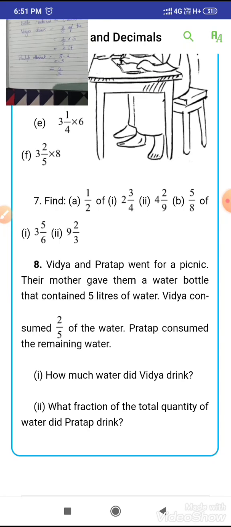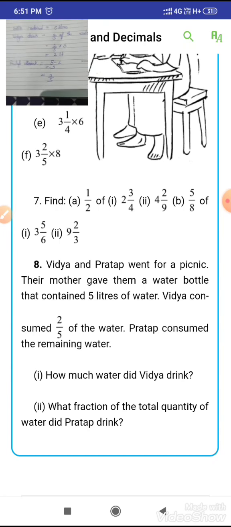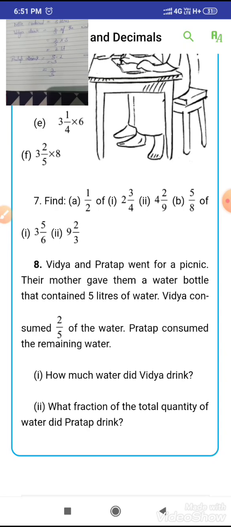For this, first we have to find how much water Pratap drank. Vidya drank 2 liters, so Pratap drank 5 minus 2, which is 3 liters of water. And we write this in the form of a fraction, and the fraction is 3 upon 5.